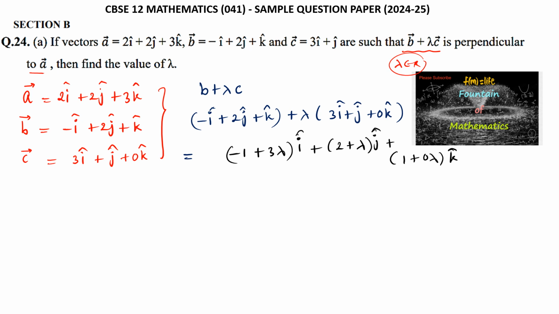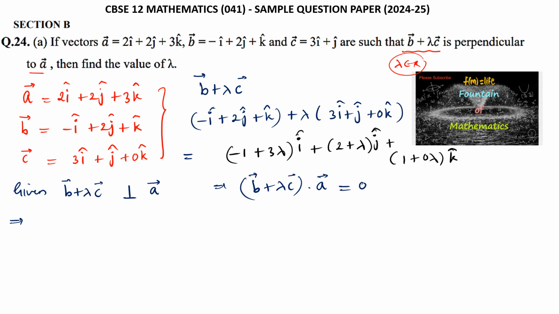And now this vector b plus lambda c is perpendicular to vector a, which implies that b plus lambda c dot product with a, since they are perpendicular, dot product will be 0 since cos 90 is 0.